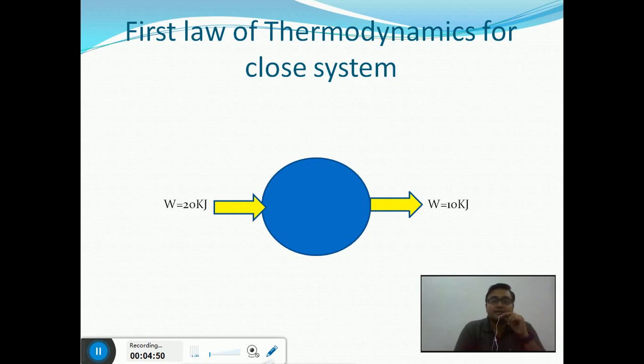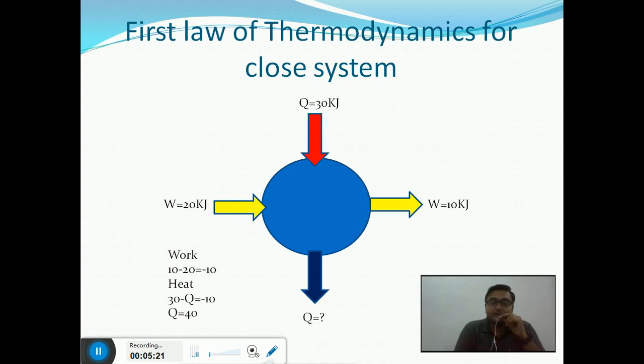Now what is cyclic integration of del Q? The heat added into the system, suppose it is 30 kilojoule, and if we want to find out the heat removed by the system, at that time we can apply this theorem that cyclic integration of del W, which is nothing but minus 10, is equal to cyclic integration of del Q, meaning heat added into the system minus heat rejected from the system.